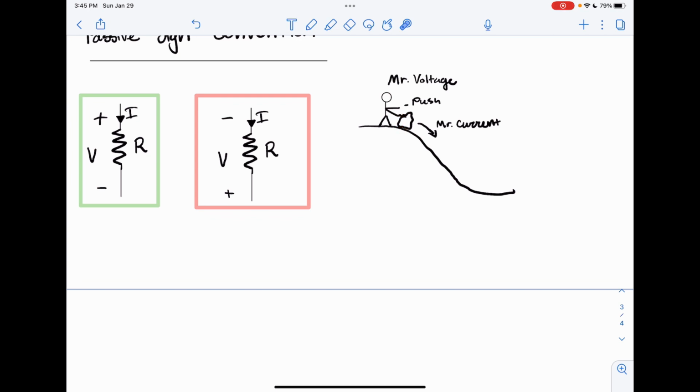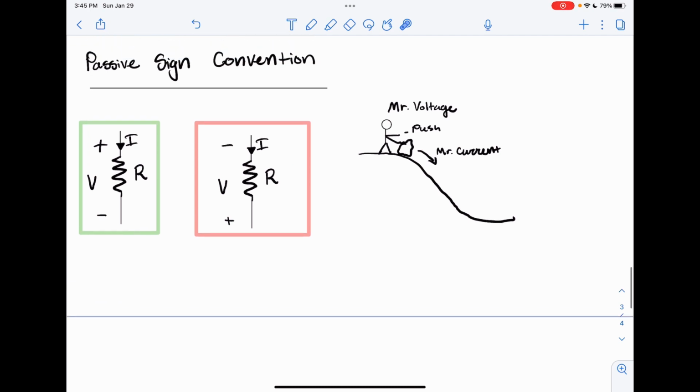So we try and take this same analogy and apply it to circuits. We'd like to think that it's much easier for current to flow from an area of high potential to an area of low potential. This will be a very important concept to understand when we get to the power portion of this lecture series.